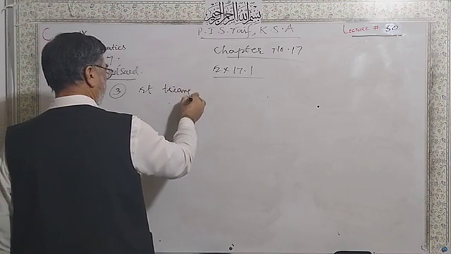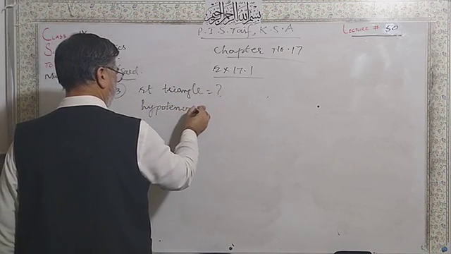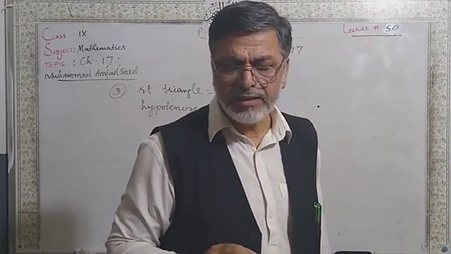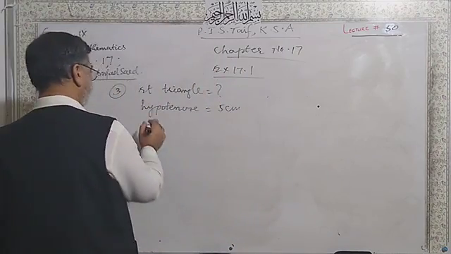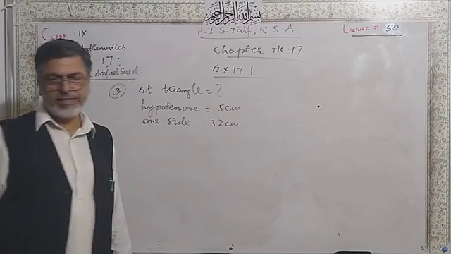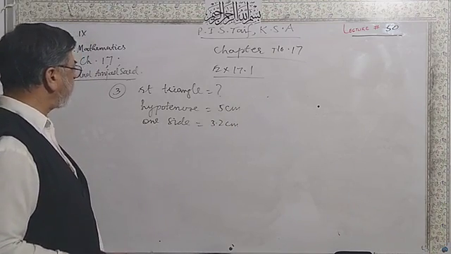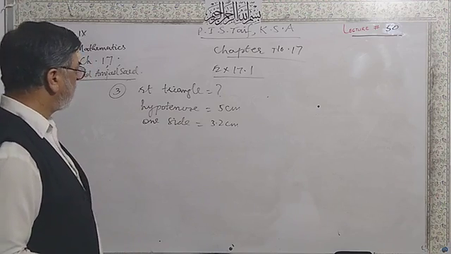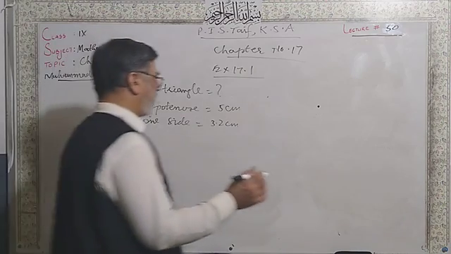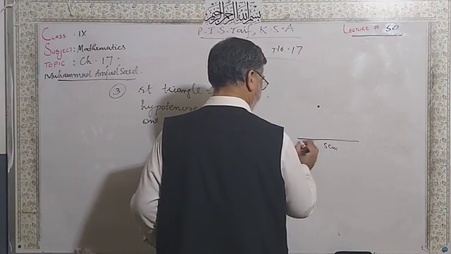You have to draw a right triangle whose hypotenuse is equal to 5 centimeter and one side is 3.2 centimeter. Dear students, now you can draw this right angle triangle with hypotenuse 5 centimeter and one side 3.2. First of all, you will draw a line segment that is 5 centimeter.